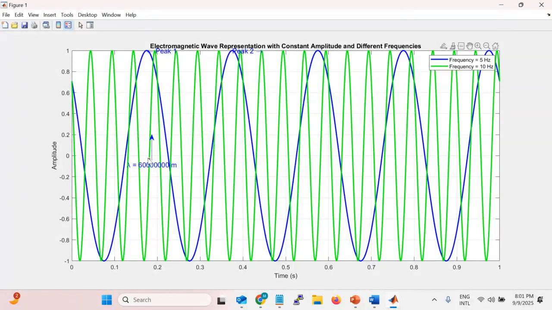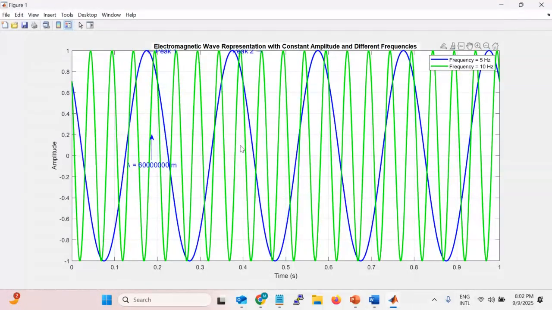Because it is making more oscillations per second, more cycles per second, up and down. A cycle is one up and one down. Which signal is making more cycles per second? The green, because it is oscillating more than the blue signal.